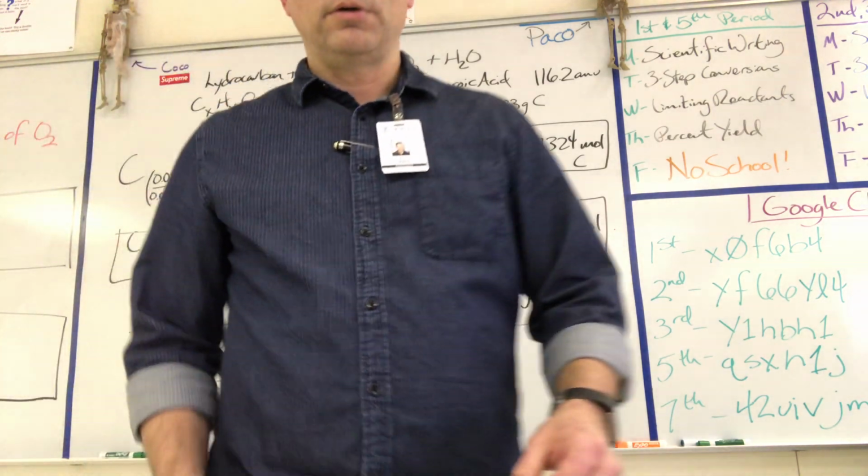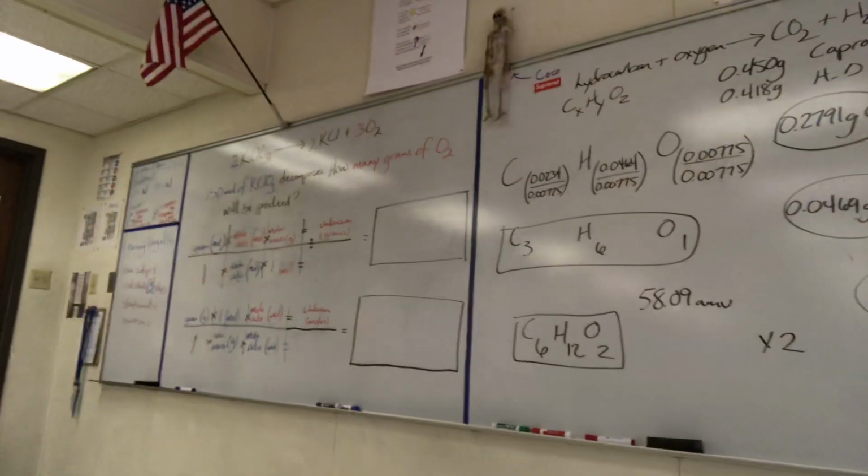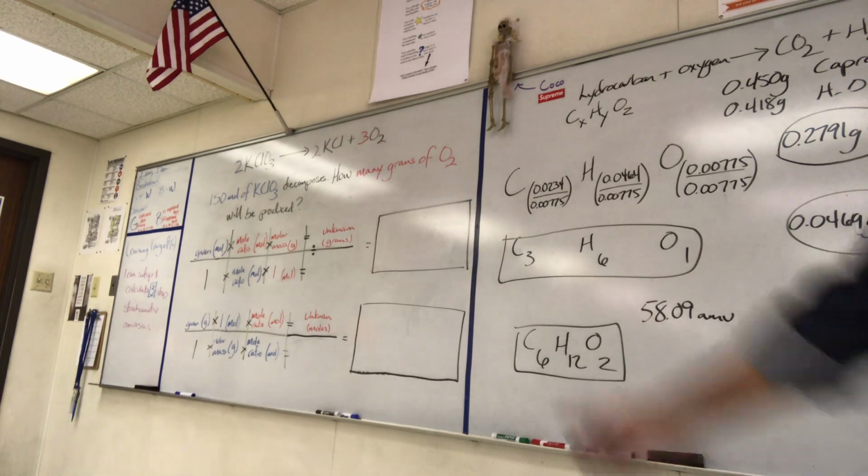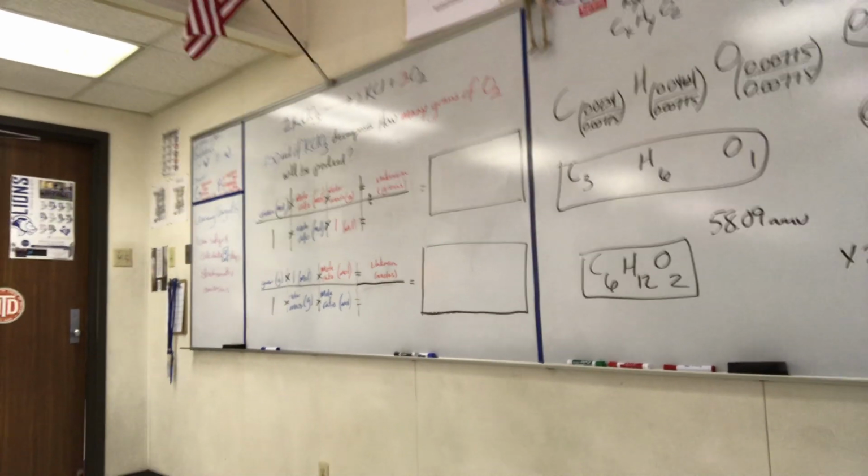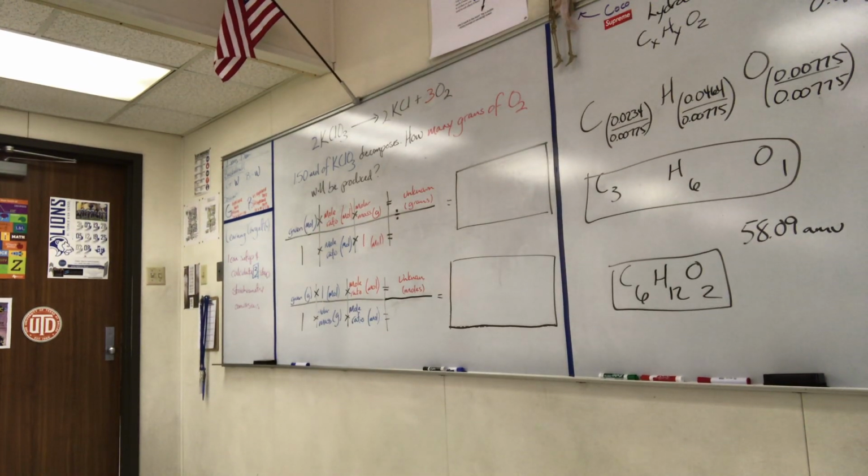The stoichiometry, if you look over there, we're doing stoichiometry over there. So here's the thing. If you're going from moles to moles, that's one step. So you're going to have the molar ratio as your conversion factor.